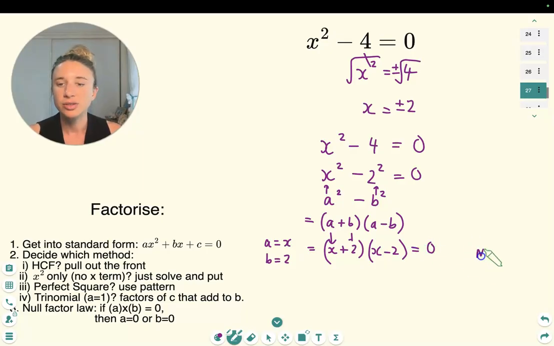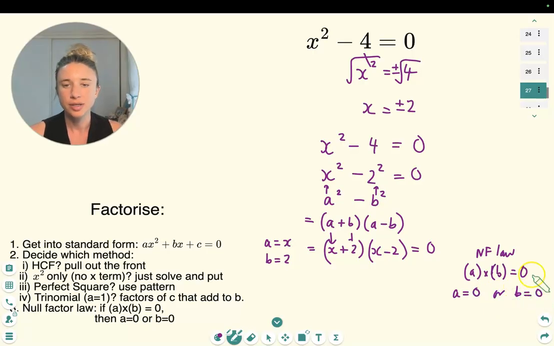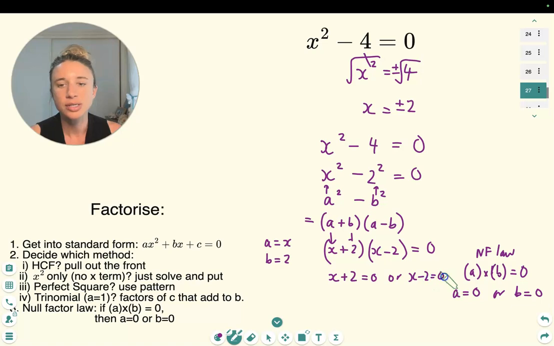Now, null factor law: if a times b equals 0, then either a equals 0 or b equals 0. So we can split this off into its two terms. So x plus 2 equals 0, or the other bracket, x take 2 equals 0.